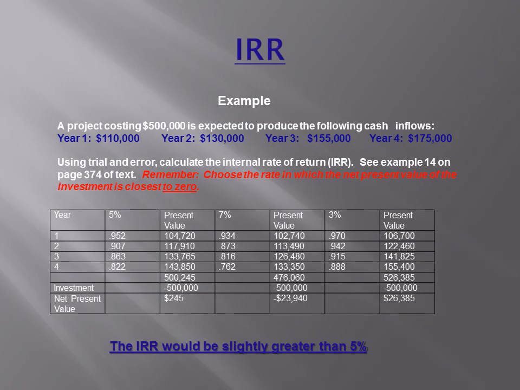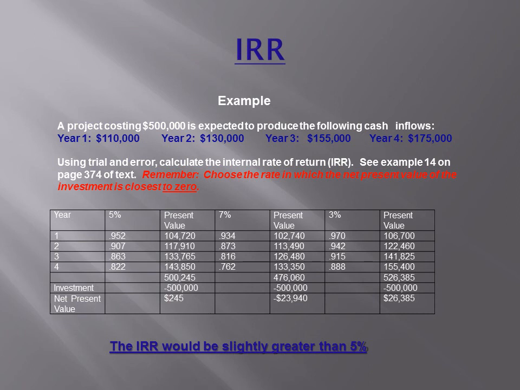So here's your example. Let's assume that a project is going to cost $500,000, but it's expected to produce the following cash inflows. Year 1, $110,000. Year 2, $130,000. Year 3, $155,000. Year 4, $175,000. Using trial and error, you have to calculate the internal rate of return.